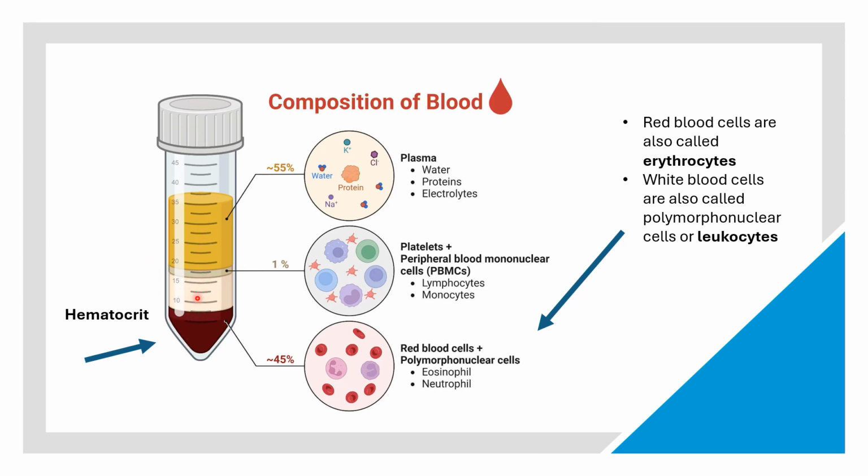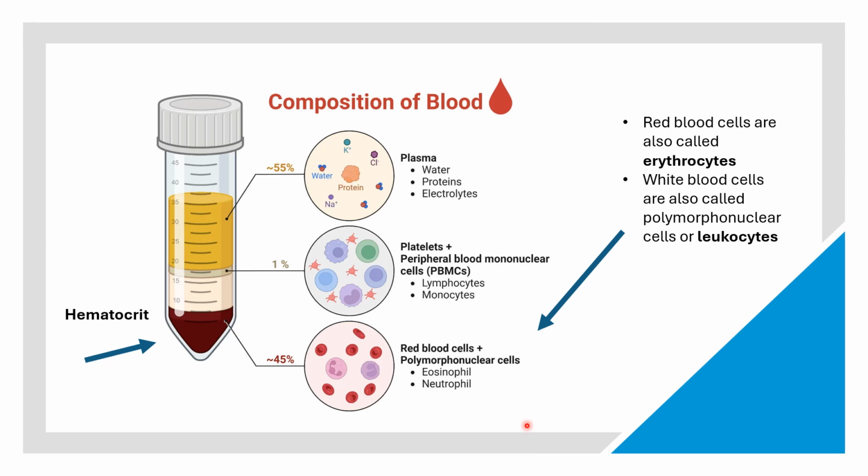But when the vial of blood is placed in a centrifuge and spun at a very, very high rate, the portions separate based on their densities. The least dense material is going to be on the top, the most dense material is going to be on the bottom, and the layers in between are somewhere in between in density.